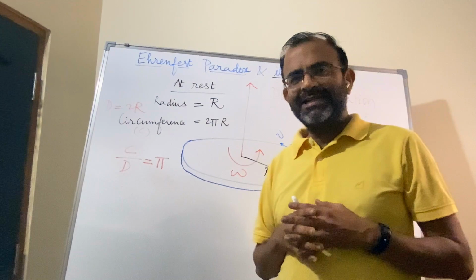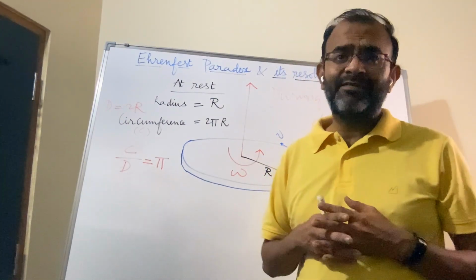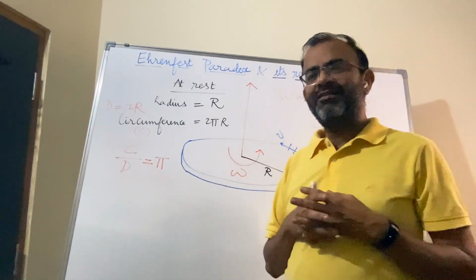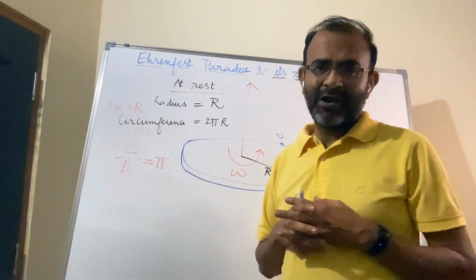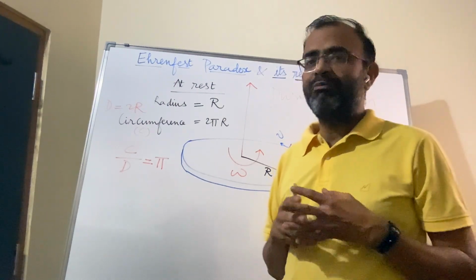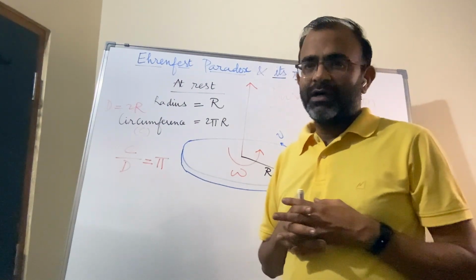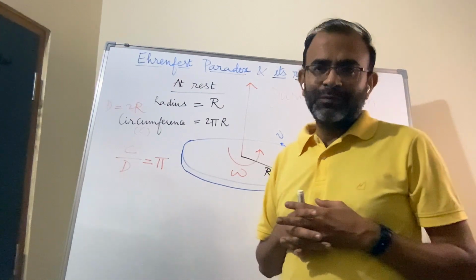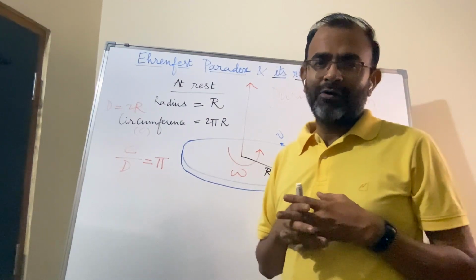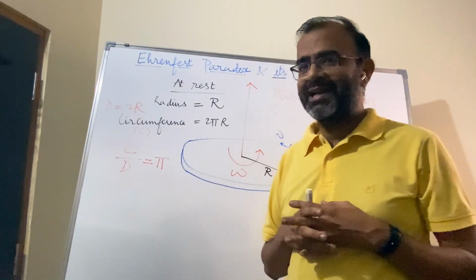Now let us discuss the historical context within which Ehrenfest proposed this paradox. In the year 1909, the same year when Ehrenfest proposed this paradox, Max Born had earlier suggested something called Born rigidity, in which he tried to find out what kind of objects are equivalents of rigid bodies in classical mechanics.